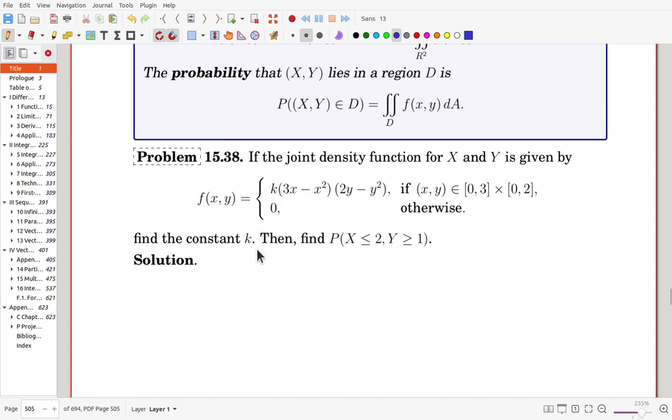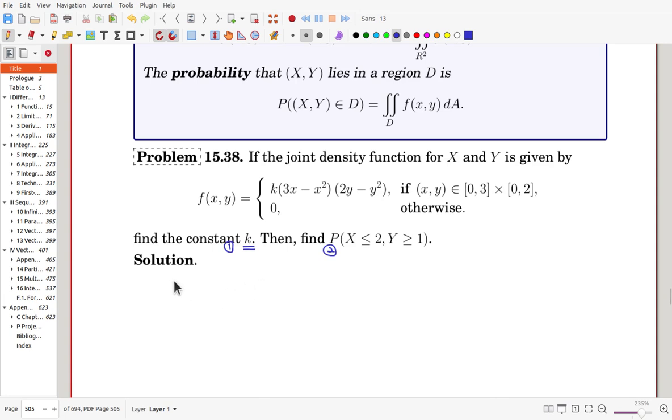Now, we find the parameter k, that's the first one, and then we try to evaluate the probability. Okay, it's non-zero, in fact, non-negative only on a small rectangle, and outside the rectangle, the value is 0.